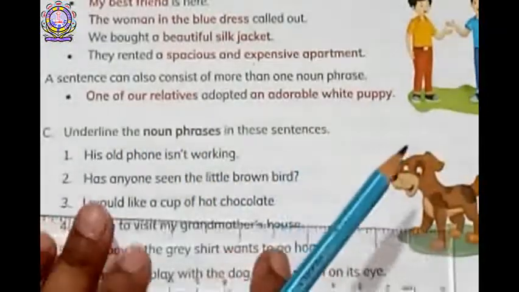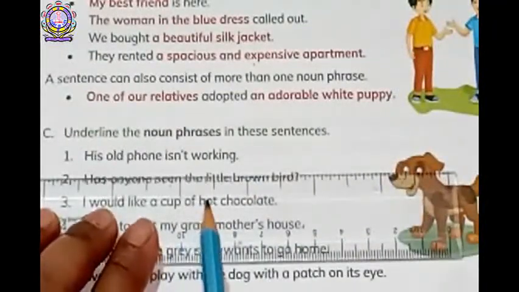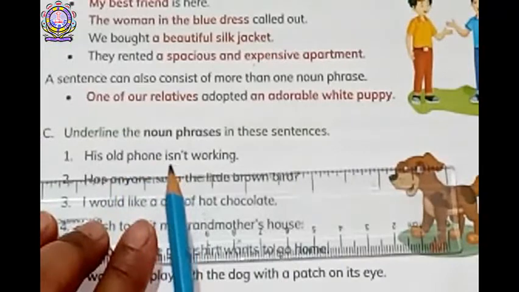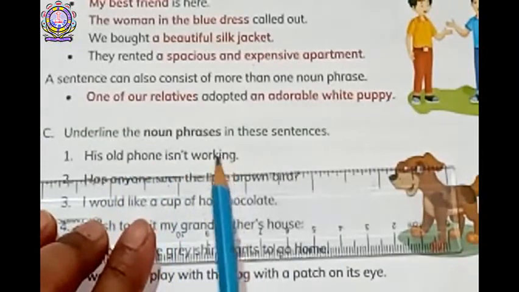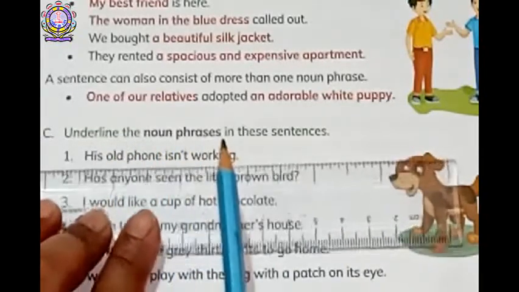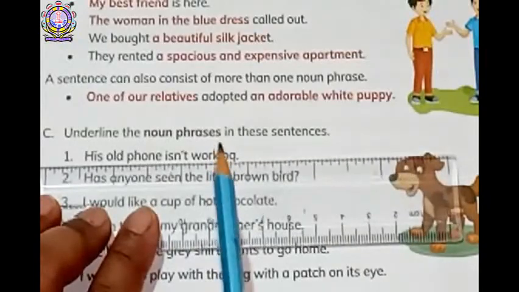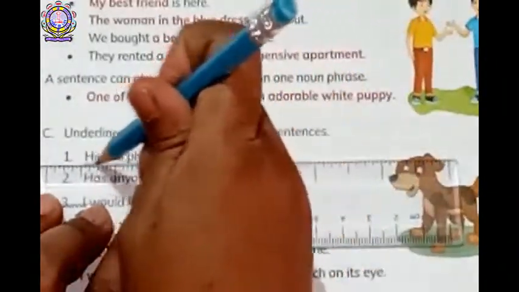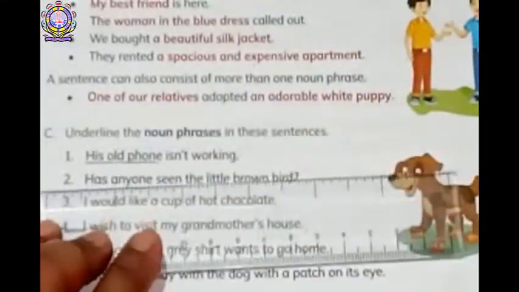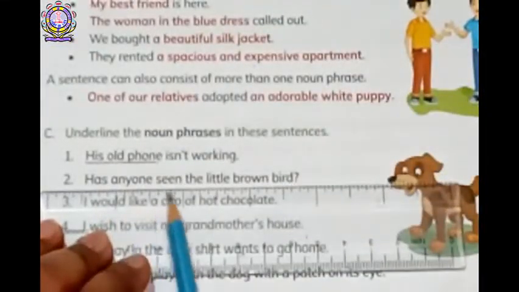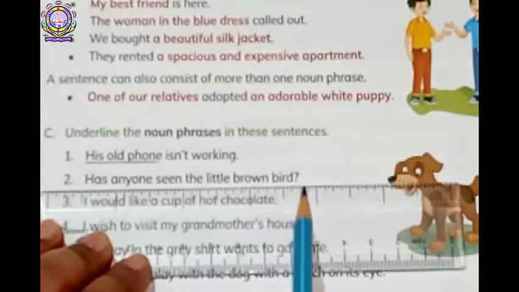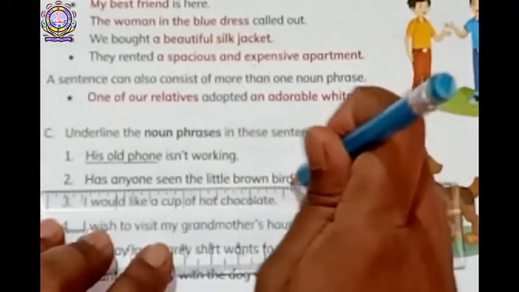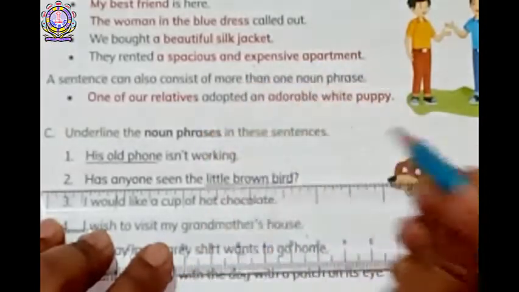So I gave you homework. I think you complete it. Okay, his old phone isn't working. So noun phrase, his old phone. Now you have to underline this. Okay, second, has anyone seen the little brown bird? So little brown bird.